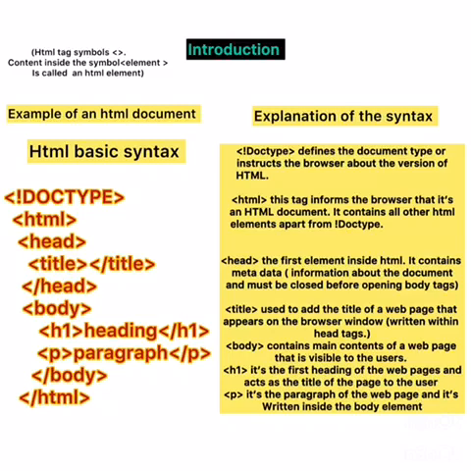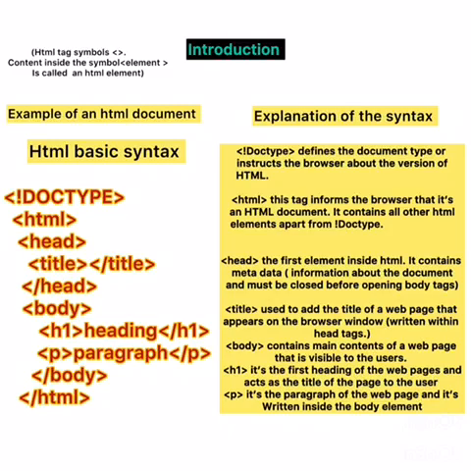The first thing is to add the document type, then the HTML, then the head element, then inside the head element we can have the title element, and it must be closed immediately. Then we close the head element. We have the body element. Inside the body element we can have the heading, and we can also have the paragraph element, and we close the body element and we close the HTML.